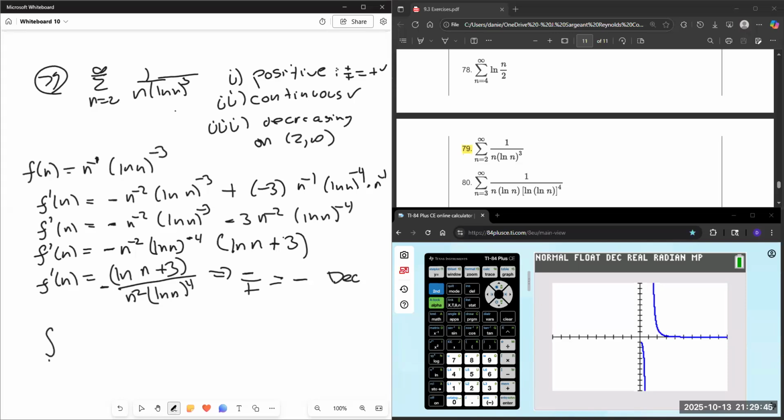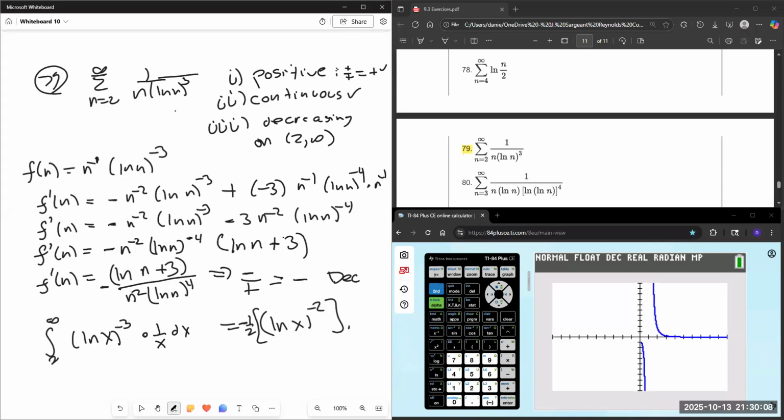And then we can integrate from 2 to infinity of ln of n to the negative third times, let's make that an x, times 1 over x dx, which will be ln of x to the negative second times a negative 1/2.